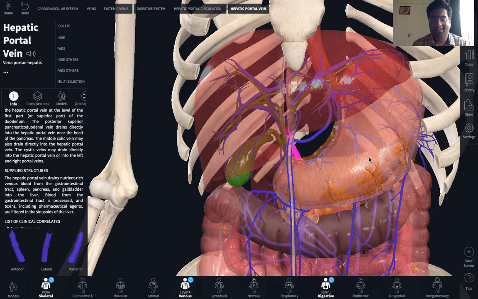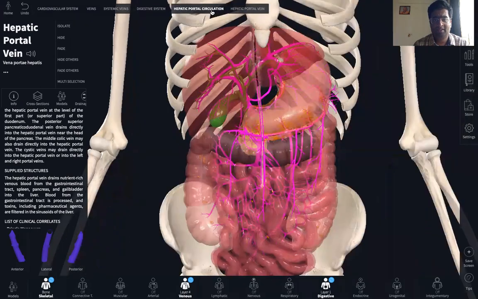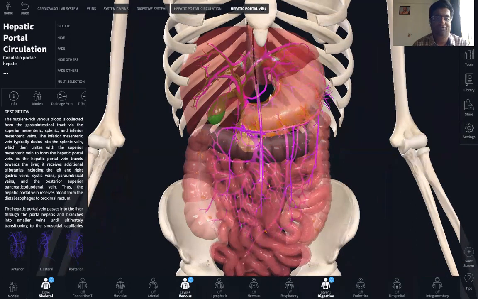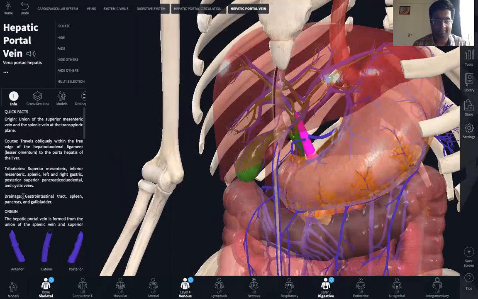The blood vessels you see highlighted in pink right now are all components of your hepatic portal circulation. The main component is, of course, the hepatic portal vein, highlighted in pink.